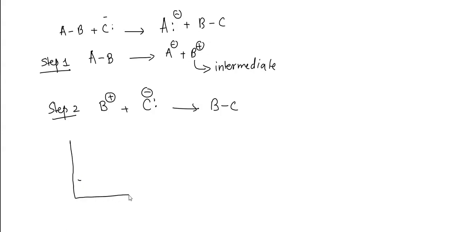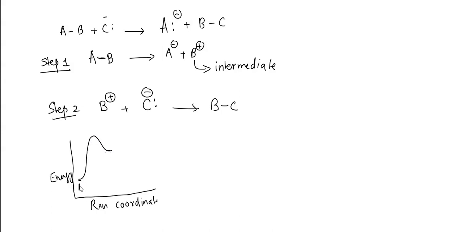so again remember we have energy on the y-axis and reaction coordinate on the x-axis. Now in this case, the first step should be endothermic because you need energy to break the AB bond, right? So if we draw this out, the first step may look something like this.